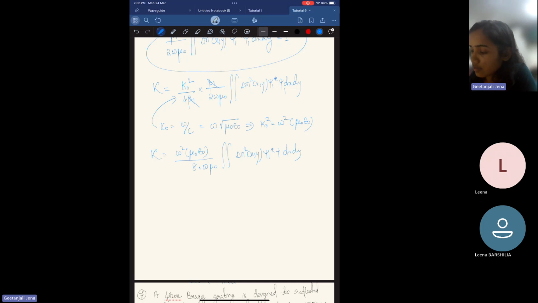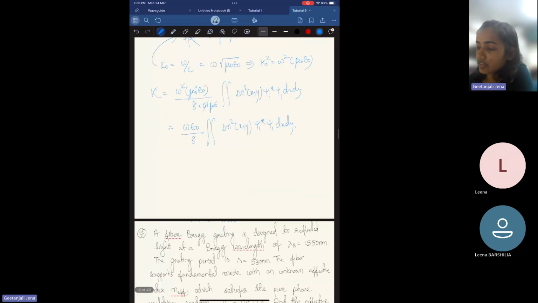If they are equal, you can take both as psi 1 psi 1; if they are different, then you take psi 1 star psi 2. One omega will cancel, and mu 0 will cancel. This will be omega epsilon naught over 8 times the integration of delta n squared xy psi 1 star psi 1 dx dy.